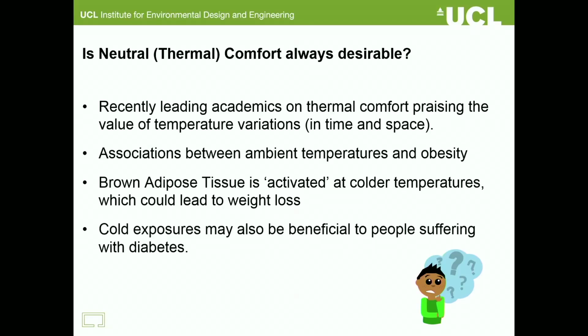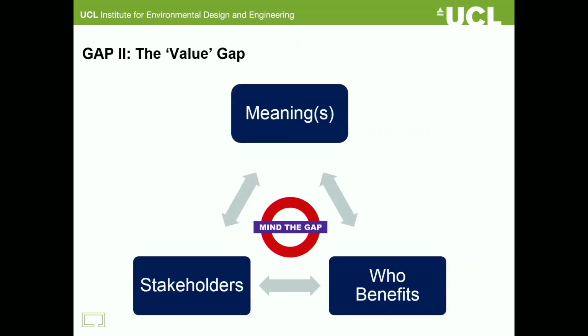This might be due to the role of the brown adipose tissue. And even cold exposures may be beneficial to people suffering with diabetes. So it's kind of questioning the idea: should we always be kept at an ideal neutral thermal comfort? Should we always give people what they think they want?